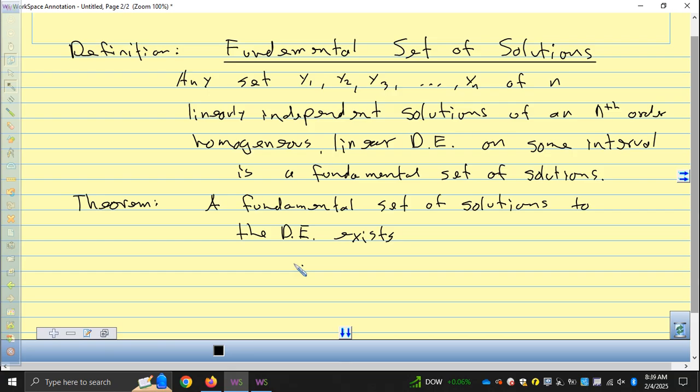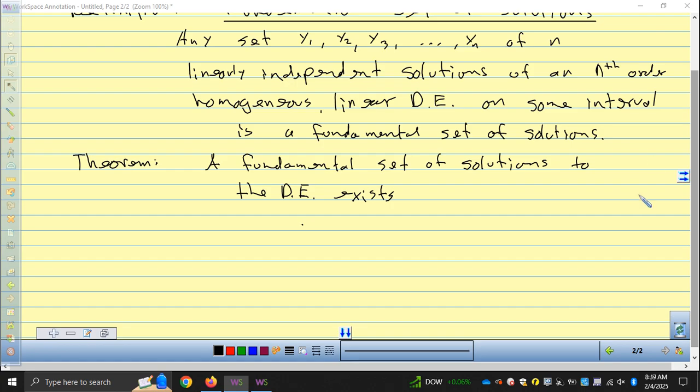So this is a big revelation here. We're assuming all the coefficients are continuous and not zero for all x in our interval of solution. Well, if that's true, then a fundamental set of solutions exists. We can find n linearly independent solutions to an nth order differential equation. Or not we can find, they exist. For most of what we do, we'll be able to find them, but the theorem just tells us those solutions exist.